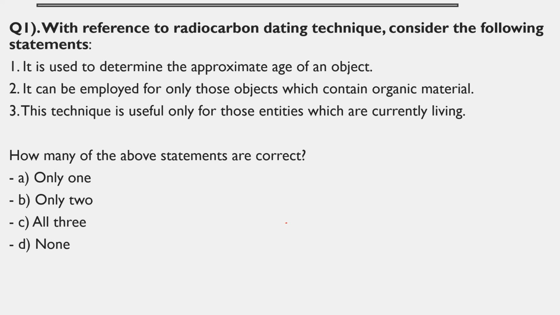Radiocarbon dating technique is used to determine the approximate age of an object. It is the C14 carbon dating scientific method that can accurately, not exactly, but yes, it is used to determine the age of organic materials.